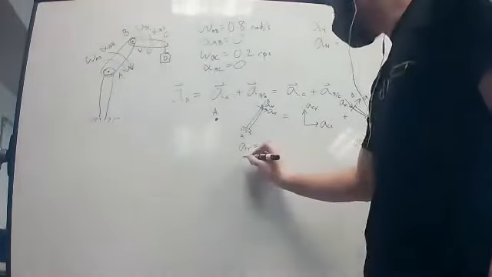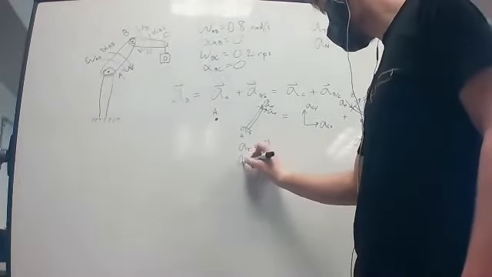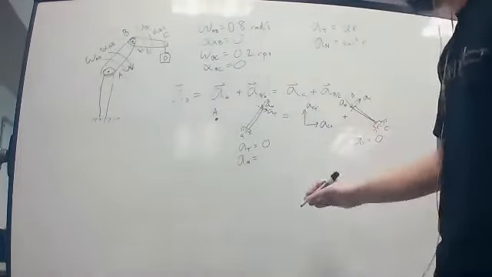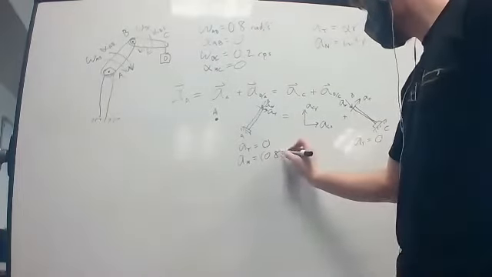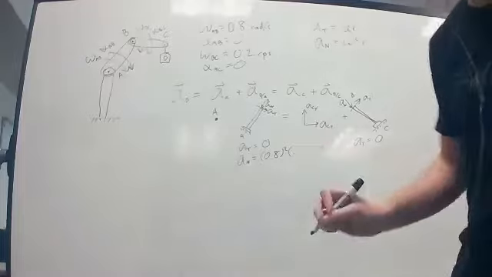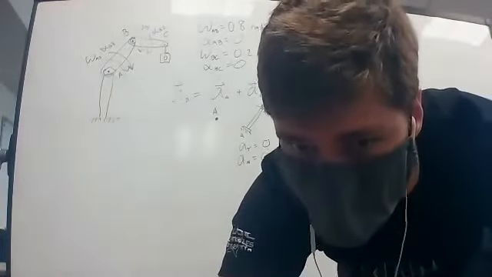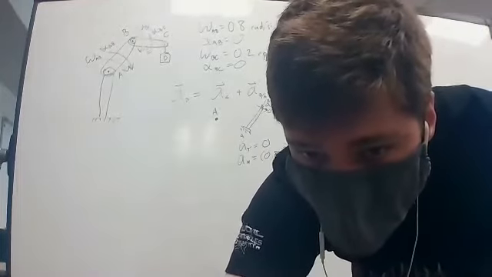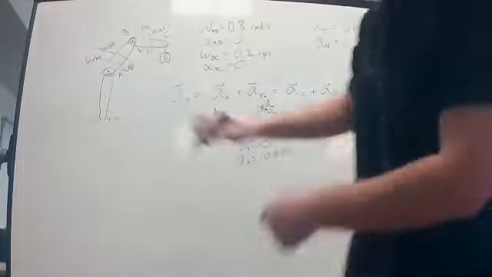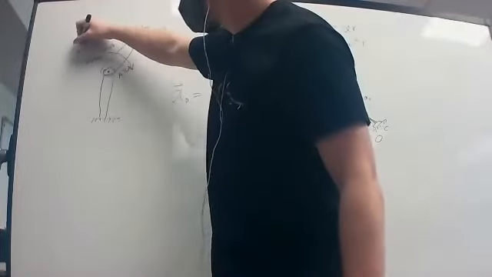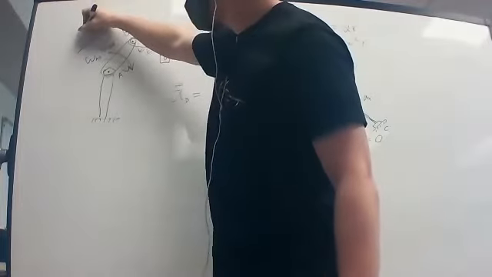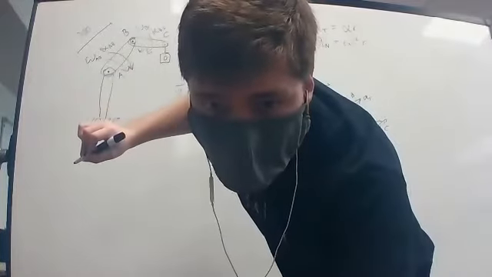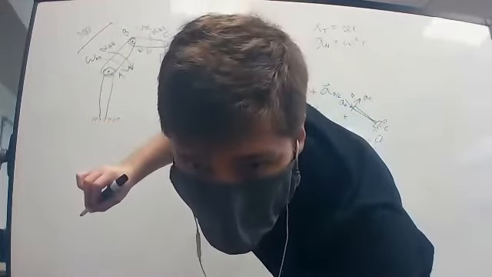Then our AN values, omega squared times R, we have 0.8 squared times the radius. I think we were given the dimensions. Yes, we were. This being 300, what is it, millimeters? Yes.